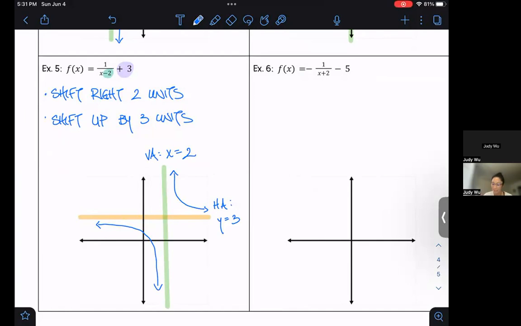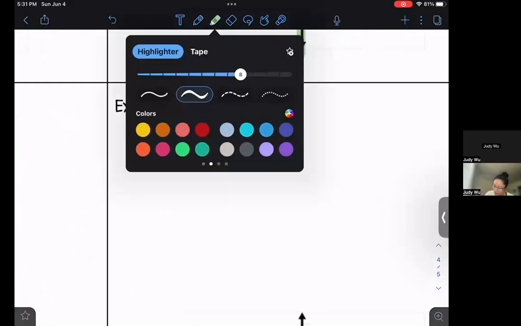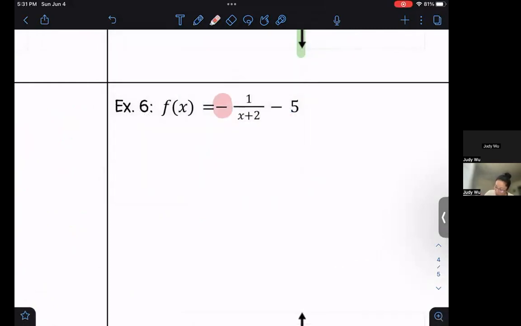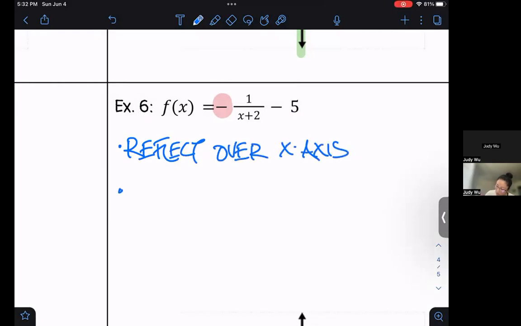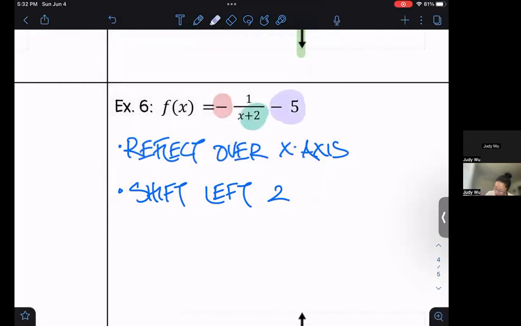All right, last one. We're throwing all 3 transformations in there just to see what that looks like. We've got our negative a, which is our reflect over the x-axis. All right. What else do we have? We have a +2, which means a shift left 2. And last but not least, we're moving things.